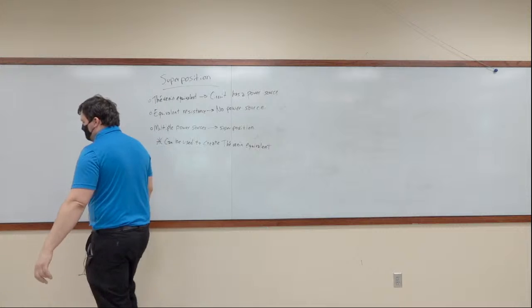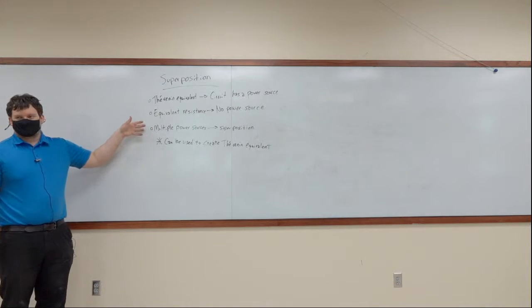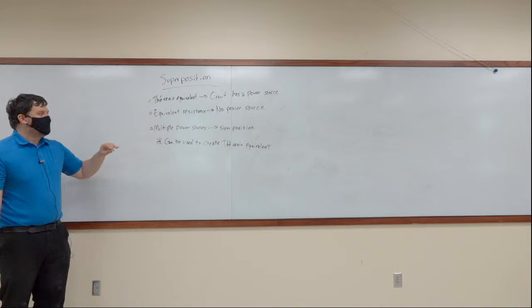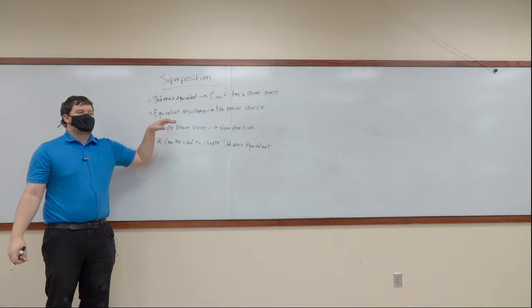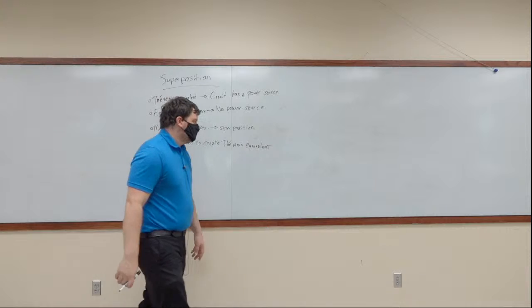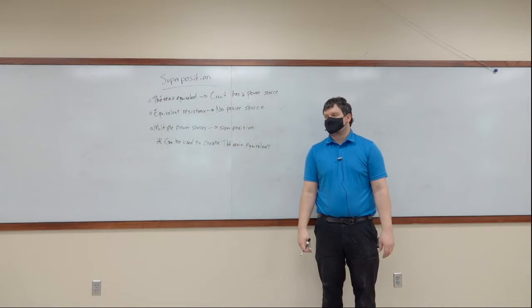Okay, but it doesn't go backwards. This is a tool that only is necessary when you have multiple power sources, and it allows you to figure out what the voltage on a component is, okay? So really the best way to explain this is to give an example.